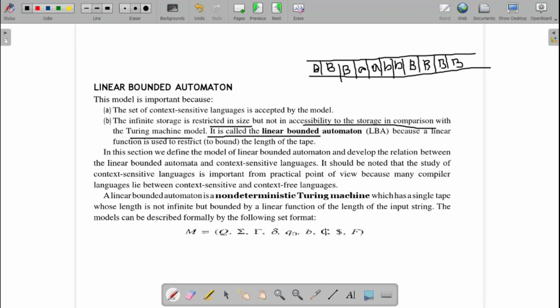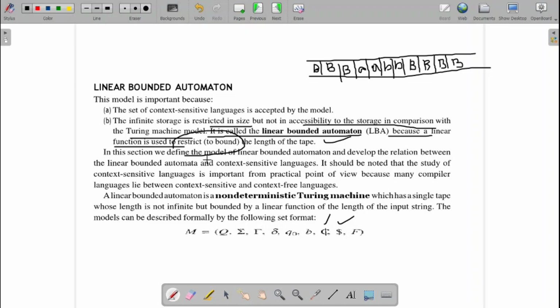It is called linear bounded automata because a linear function is used to bound the length of the tape. For restricting the bound of the tape, we use two special characters. One will be cut C and the other will be dollar. We use these two as end markers for the tape.